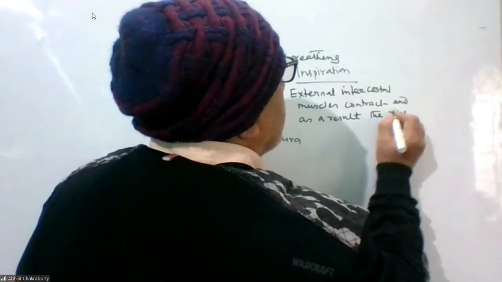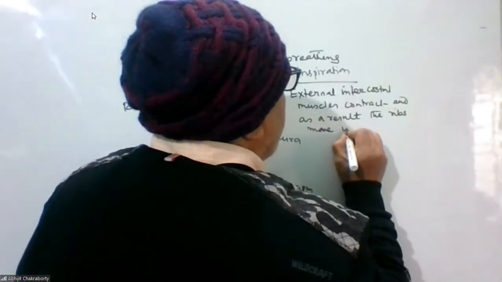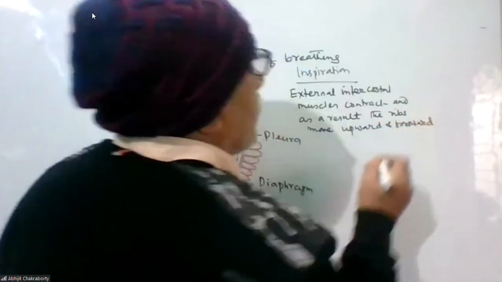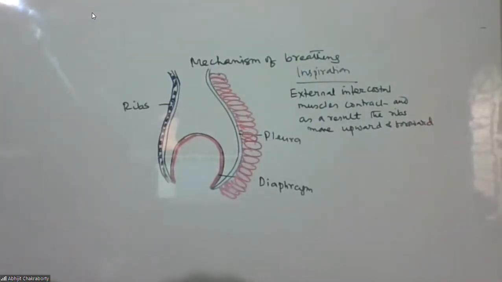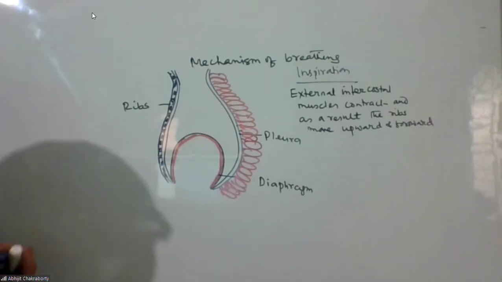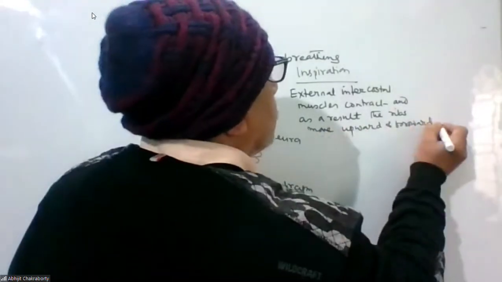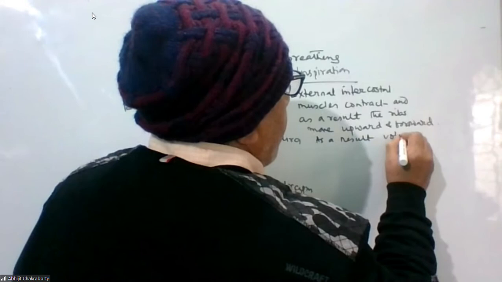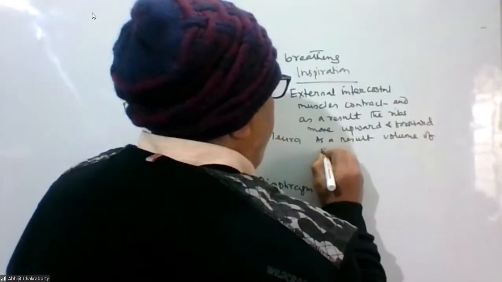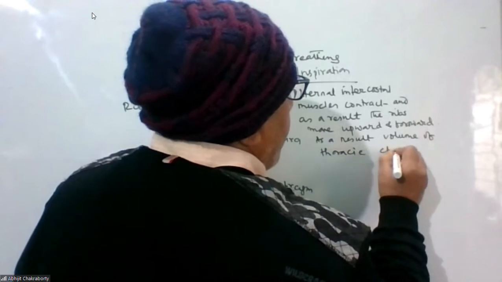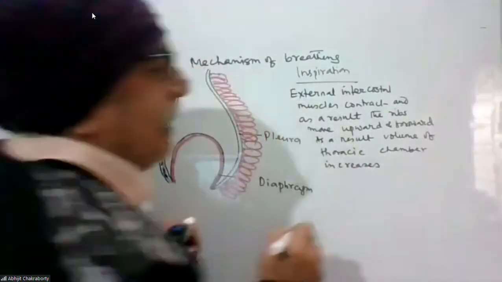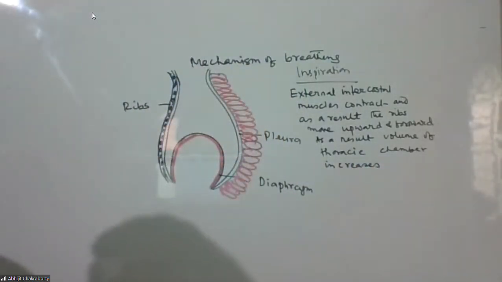The ribs move upward and forward, so there is an increase in the dorsoventral axis.